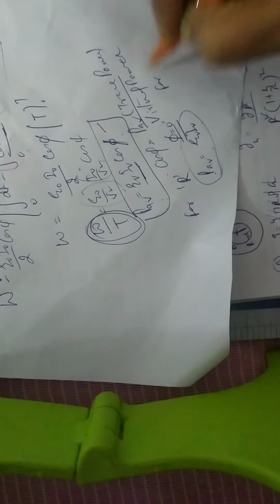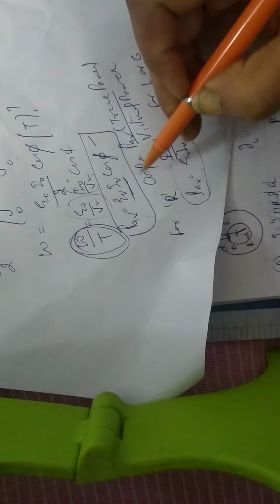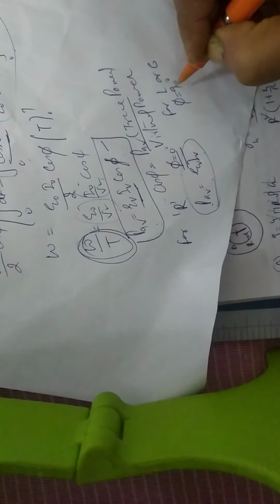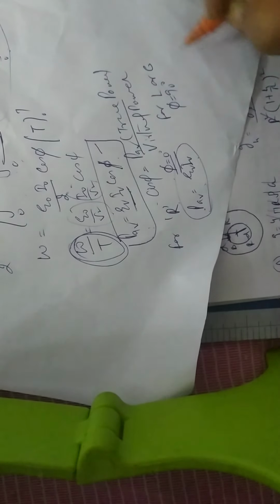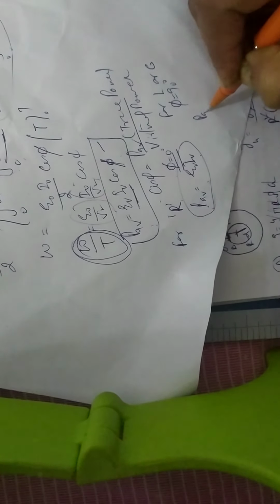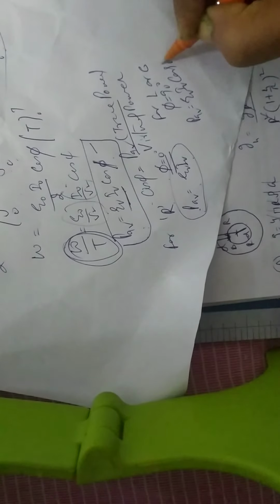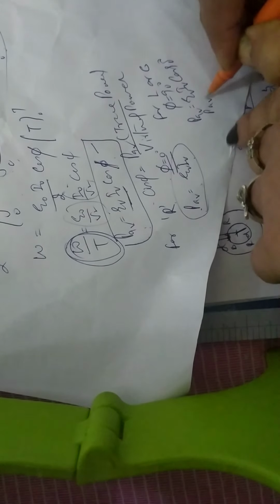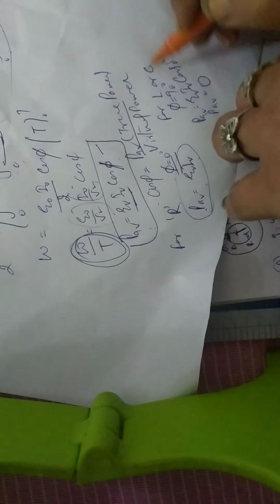Now what happens for an inductor or capacitor? For L or C, what is the phase difference between voltage and current? Phi is always 90 degrees. In one the current leads, in the other the voltage leads, but the angle phi is always 90 degrees. So average power will be E_v I_v cos 90 degrees, and cos 90 degrees is 0. So the average power dissipated in the circuit is always 0 for an inductor or capacitor.